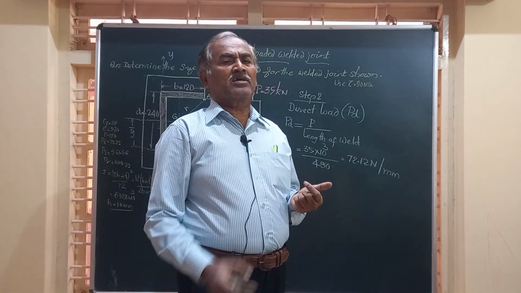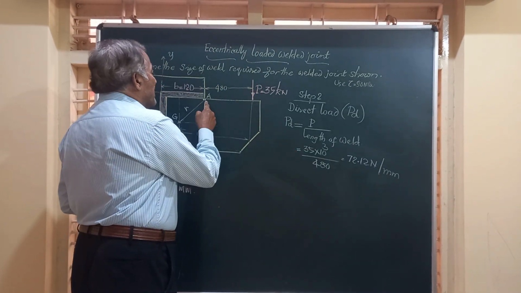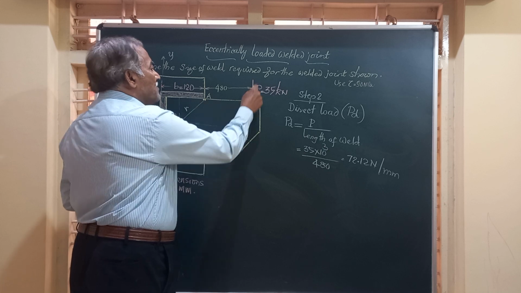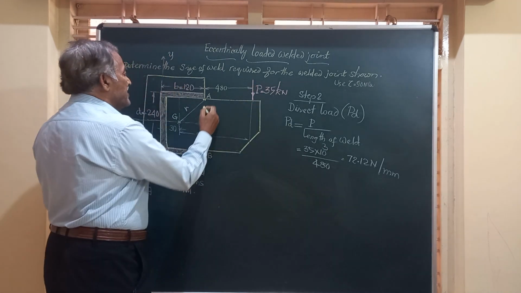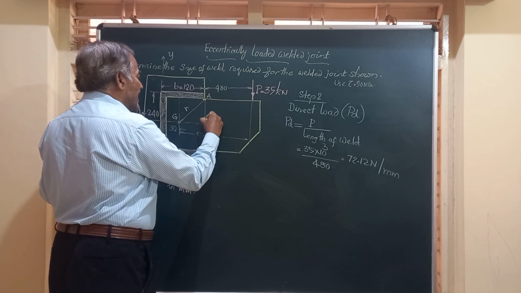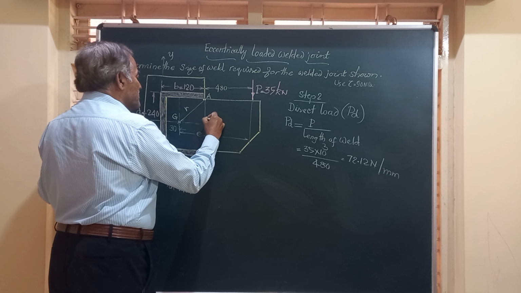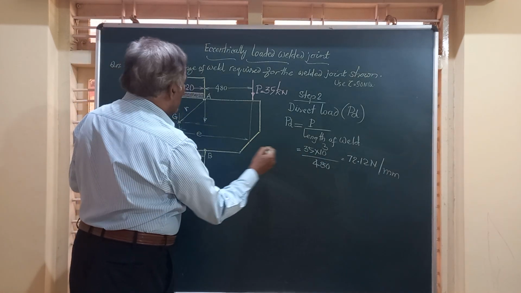How does it act? This load PD acts at this point A, the farthest end, parallel to the applied load P and in the direction of it. So friends, very obviously it has to act downward because P is acting downward, and its value we have already calculated here.